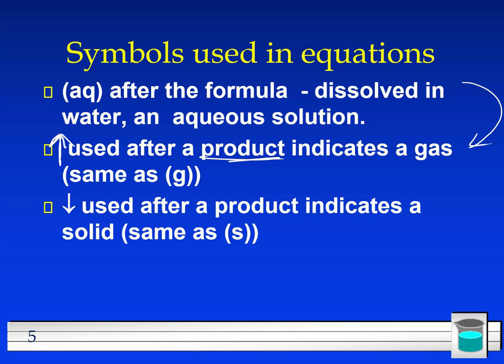Okay? A downward arrow used after a product tells you it's a solid. And again, it's about this aqueous solution thing. If I make a solid in the middle of my aqueous solution, I make something that doesn't dissolve in the middle of my water.